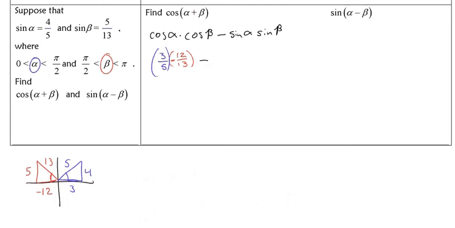Minus, well, what's sine of alpha? Sine of alpha is 4/5 times sine of beta, which is going to be 5/13.